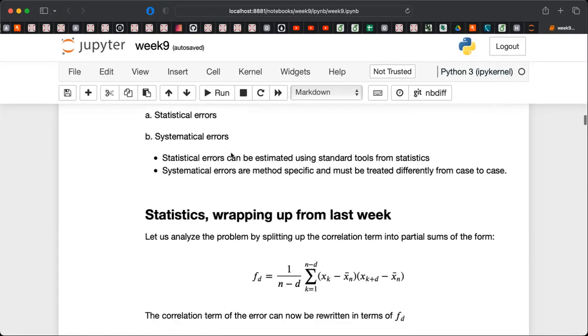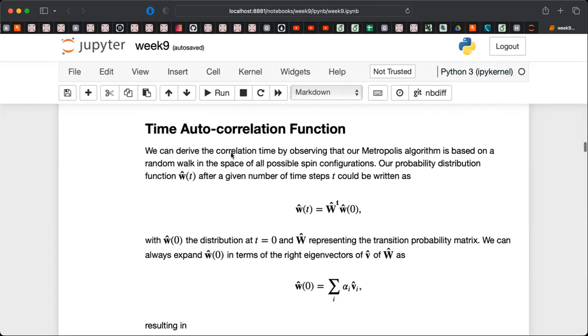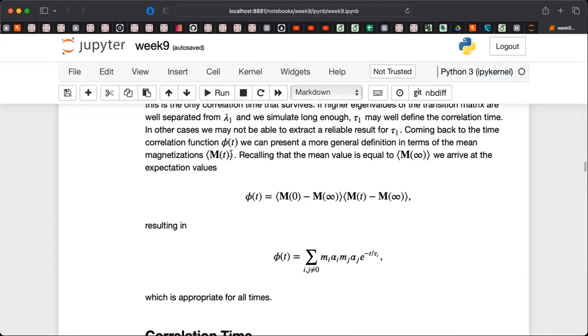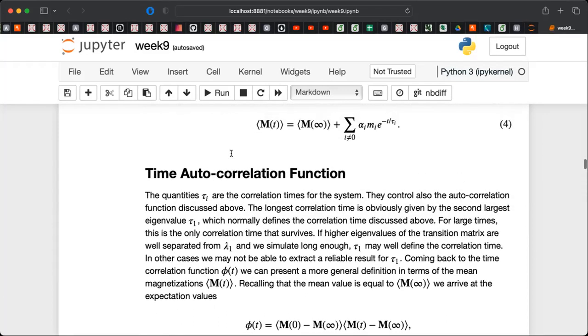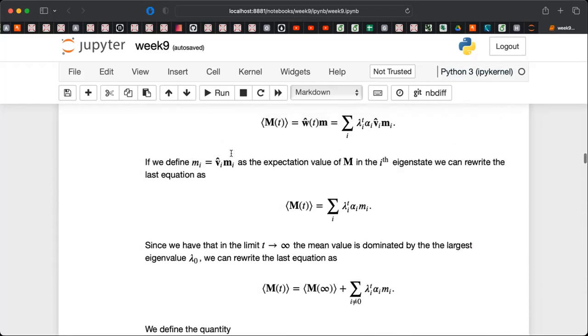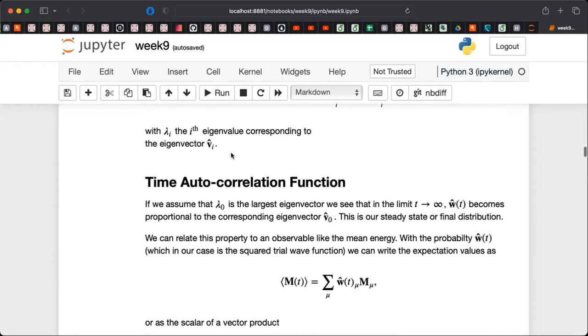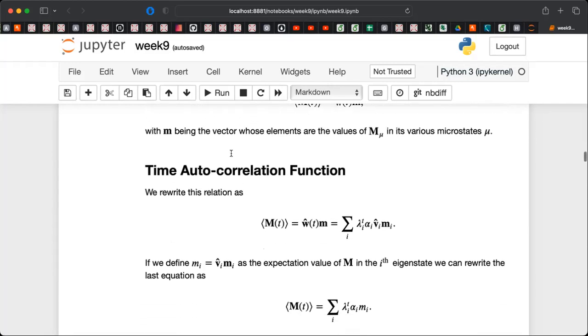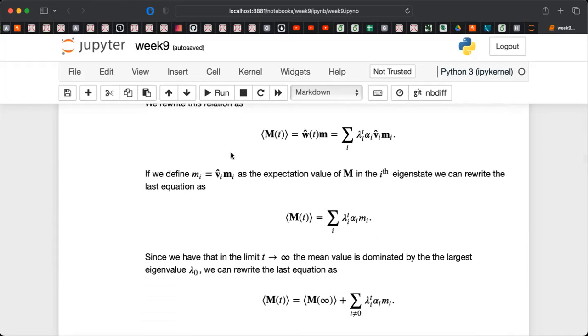So if we scroll down after we've gone through some of the mathematics here, I'm coming back to some of these calculations because with the covariance, you can actually define something which is the correlation time, which is a measure of how long you need to run, or what is the distance between Monte Carlo cycles, and when you can decide whether you have reached a result where the results are basically uncorrelated, which means that you can treat every observation as a stochastically independent observation.